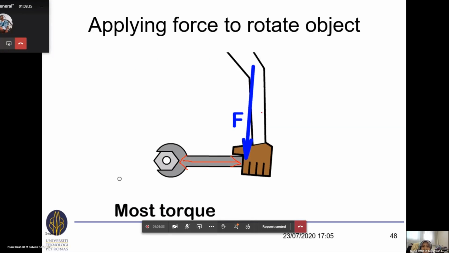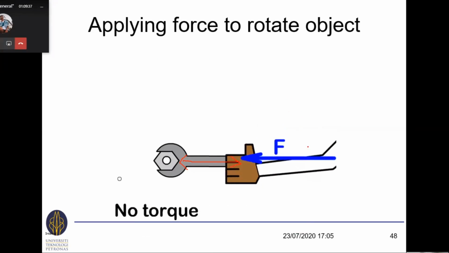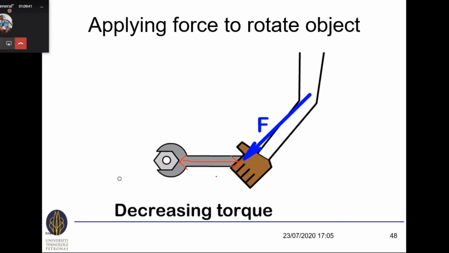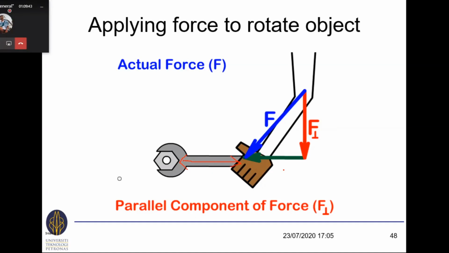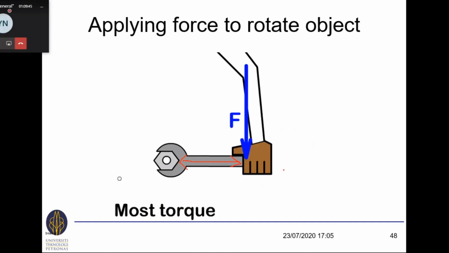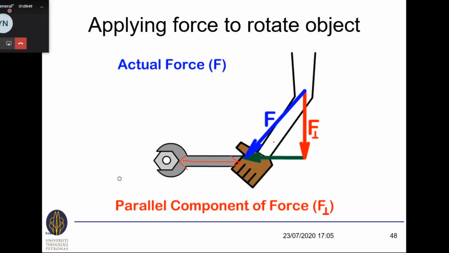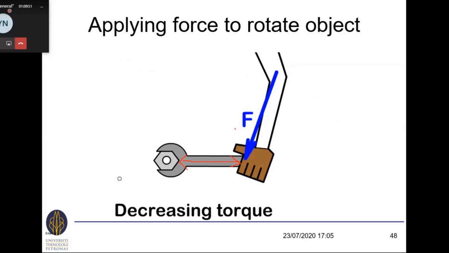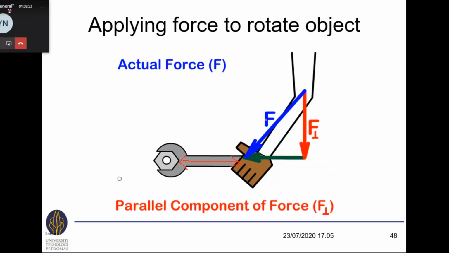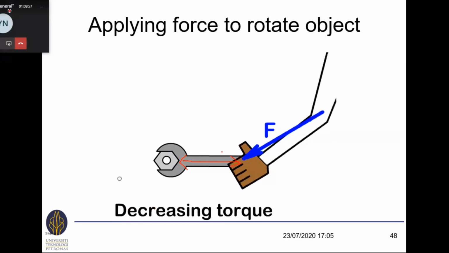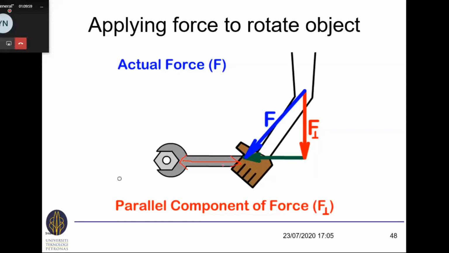It will have decreasing torque if the force is at an angle, until it becomes parallel, then no more torque. This one is just showing you the variation of the force direction, not showing you the rotational effect yet.